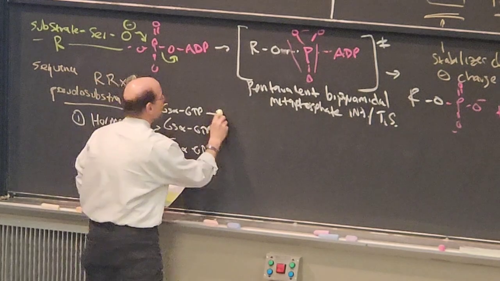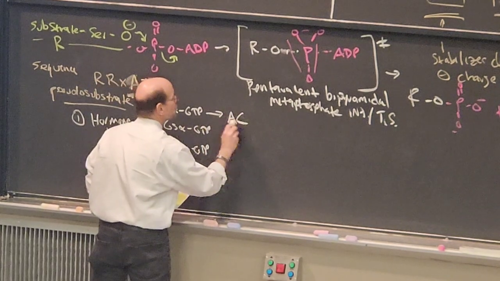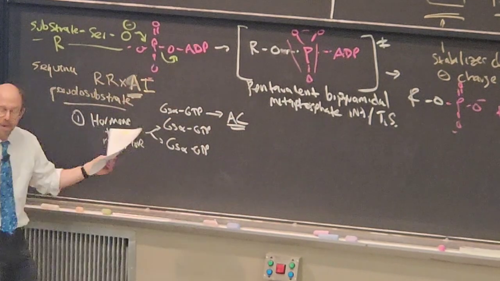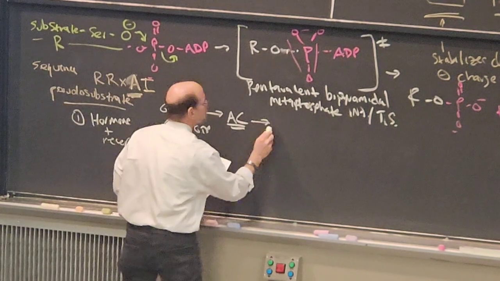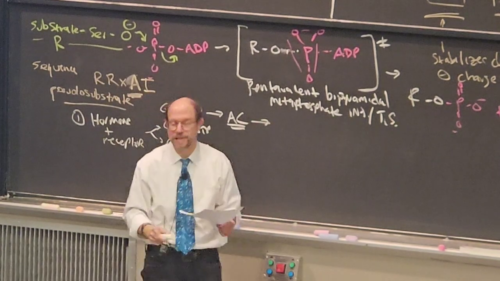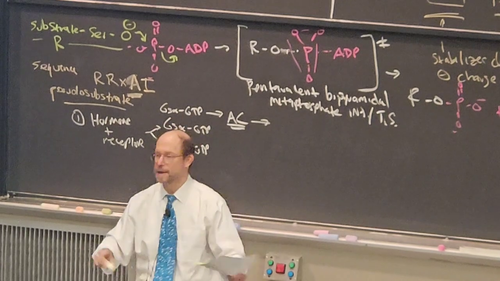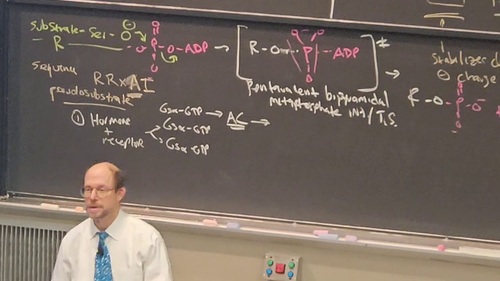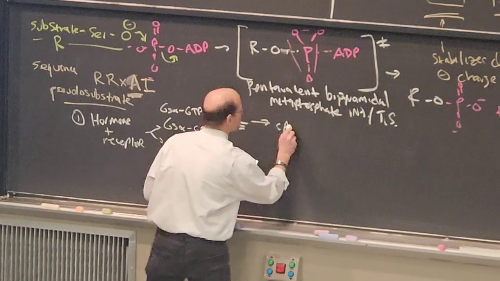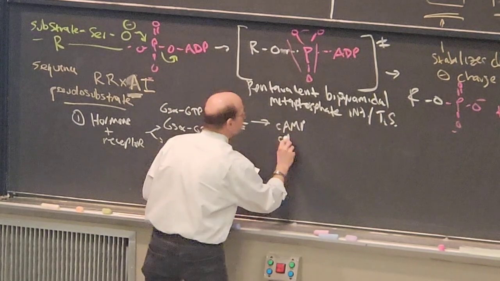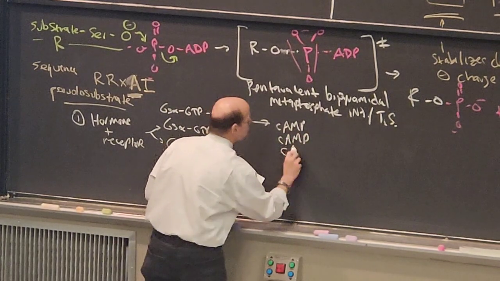Each one of those is going to bind to adenyl cyclase. Does each adenyl cyclase molecule just take one ATP molecule and make one cyclic AMP molecule? No, it's an enzyme, right? And so each adenyl cyclase molecule is going to make a whole bunch of cyclic AMP.